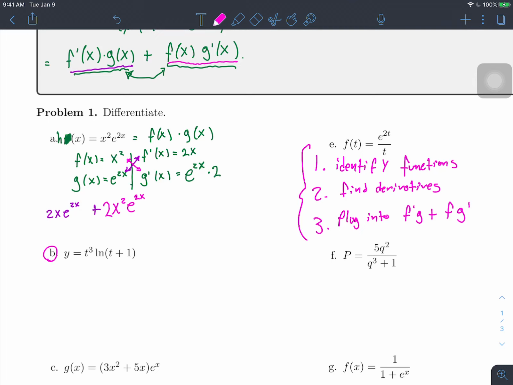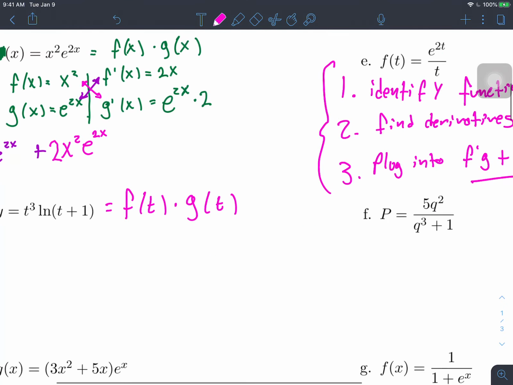So the way I want to split it up is I want to write this as f of t times g of t, where I know how to do the derivatives of those things on their own. I need to know how to do the derivatives of them on their own because eventually I'll need them to plug in step 3.